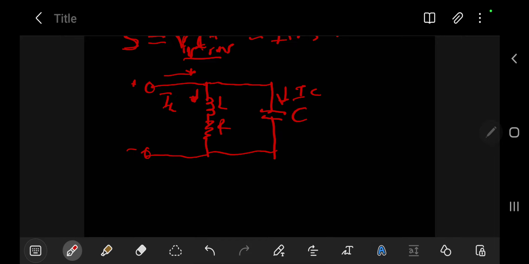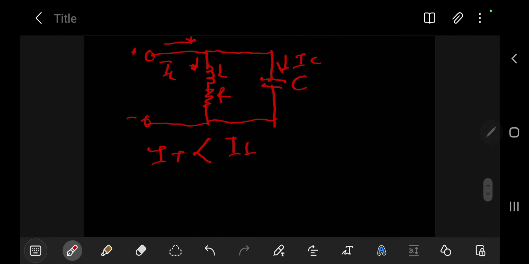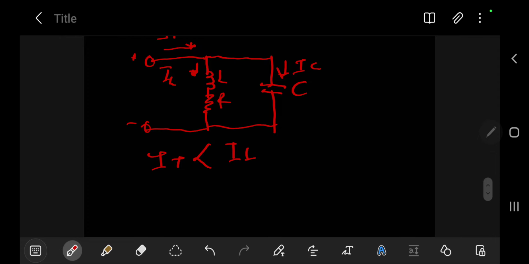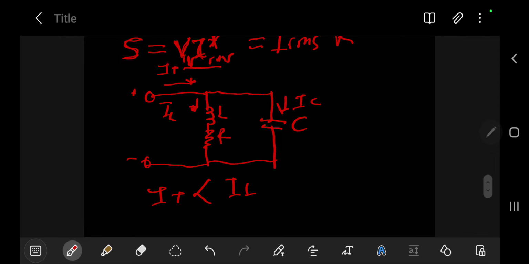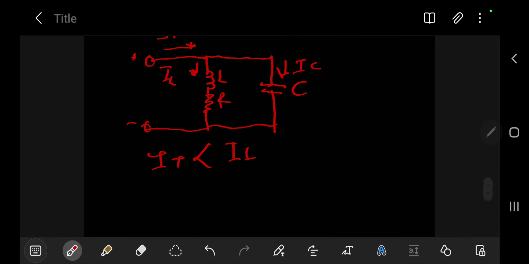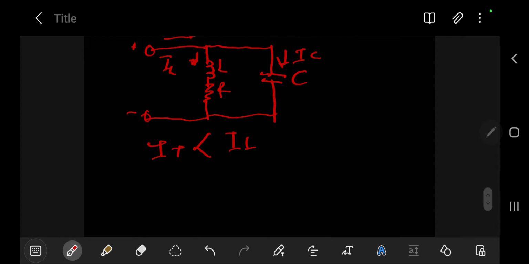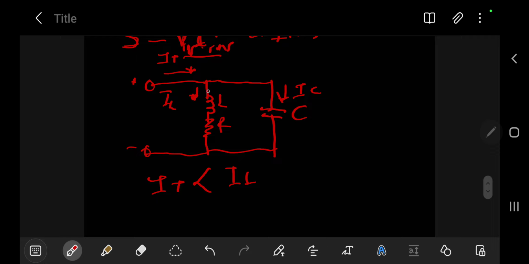So now what are we trying to prove here? We are trying to show that in fact the total current after we have connected the capacitor is going to be less than the inductive load here, which is going here. But if you go back to your mathematics, if you go back to your KCL, KVL, you are going to notice that this doesn't make sense theoretically.